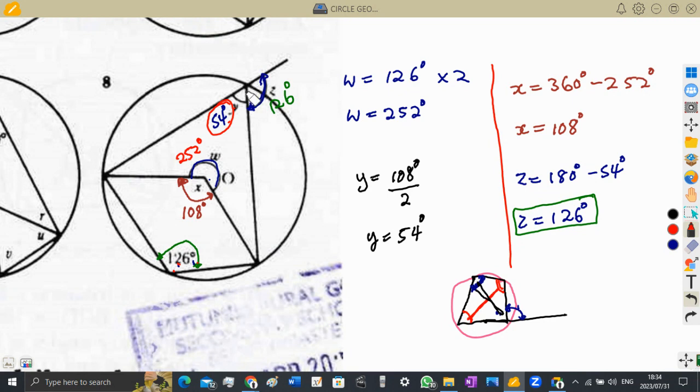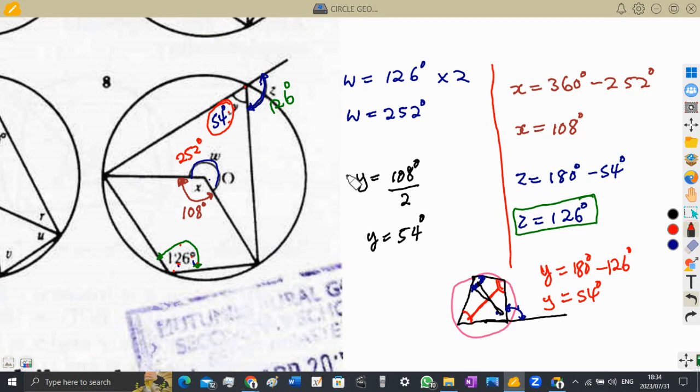A cyclic quadrilateral is simply one where all the vertices are on the circumference of a circle. So we could have calculated y by simply subtracting 126 from 180. So it's going to be 180 minus 126 because these two are opposite angles of a cyclic quad. So we are still supposed to obtain the same answer of 54 degrees in that manner.